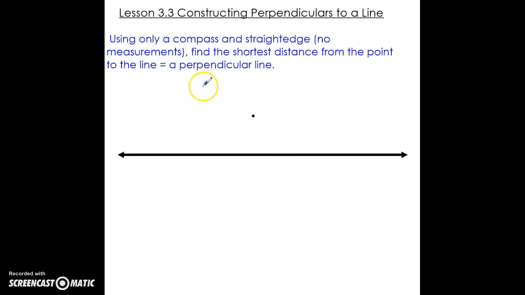So in this one, we're actually going to use that idea of making equidistant points away from this particular point in order to construct a perpendicular. So I'm going to grab my compass, and we want to create a perpendicular line that goes through the given point, perpendicular obviously to the line that's given.